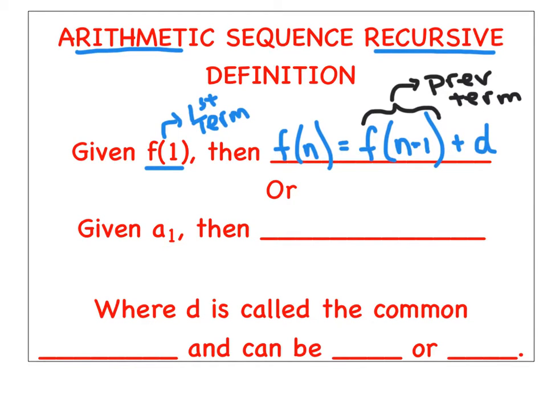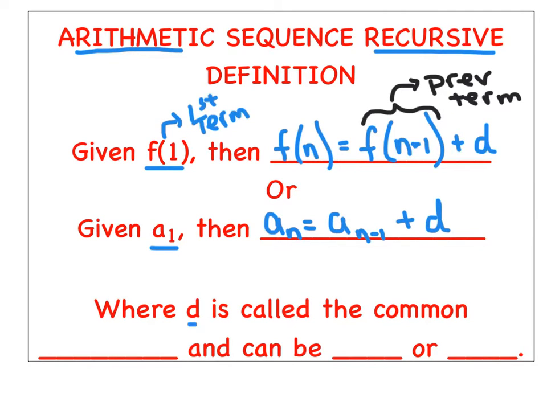A different set of notation, using subscripts: if you're given the first term again, then the nth term is generated by the previous term plus d. This is a subscript of n, and this is a subscript of n minus 1, and again this term is called the previous term because it's the term that occurs just prior to the nth term.